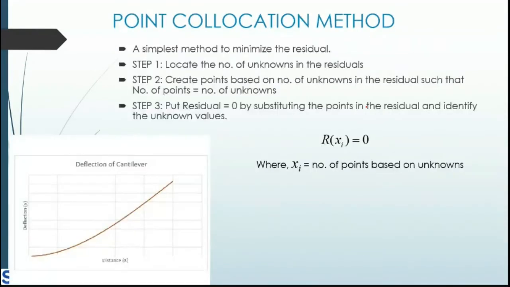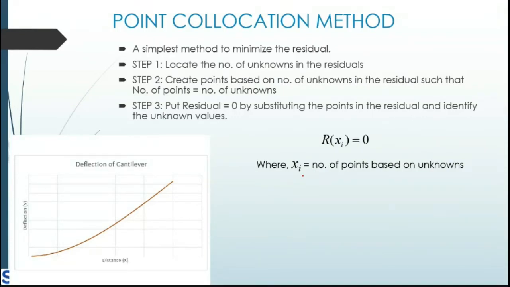Point collocation method is: whatever residual you get, you take one point, any point in between the area of your object. For example, if my cantilever beam is from 0 to L, I will take a point at the middle, which is L by 2.